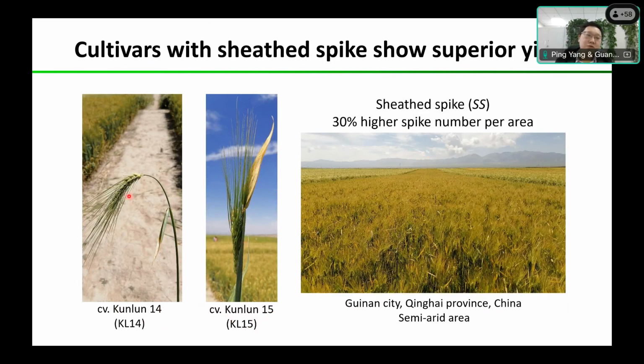If you compare the two cultivars, the cultivar with short spikes shows more than 30% more spikes per area. So this would be a very important trait to increase yield for barley varieties, and this trait is highly selected in these areas. Of course, the gene we cloned is not directly this gene, but I would say this phenotype is very important.